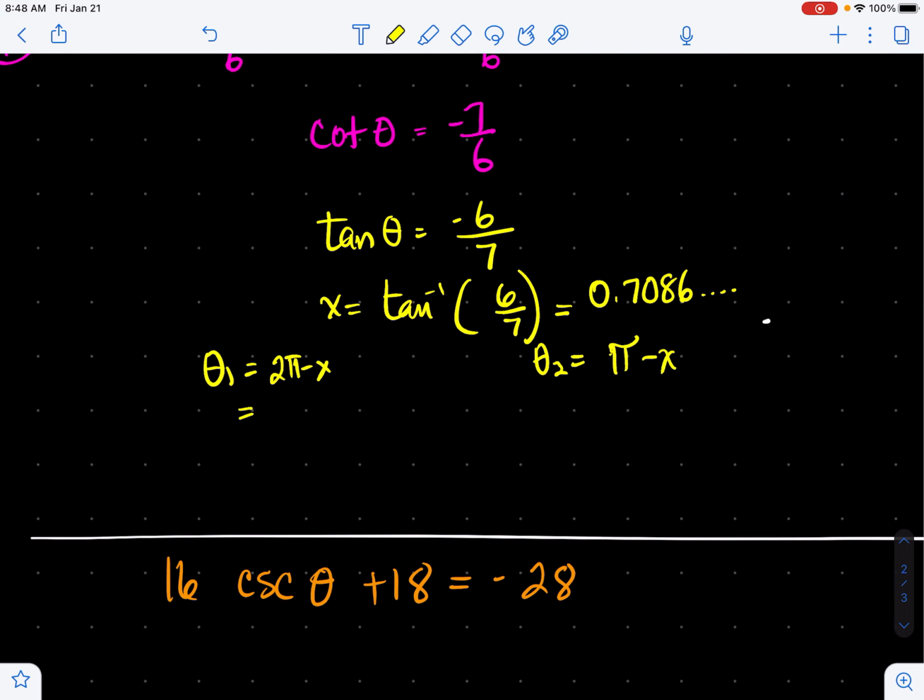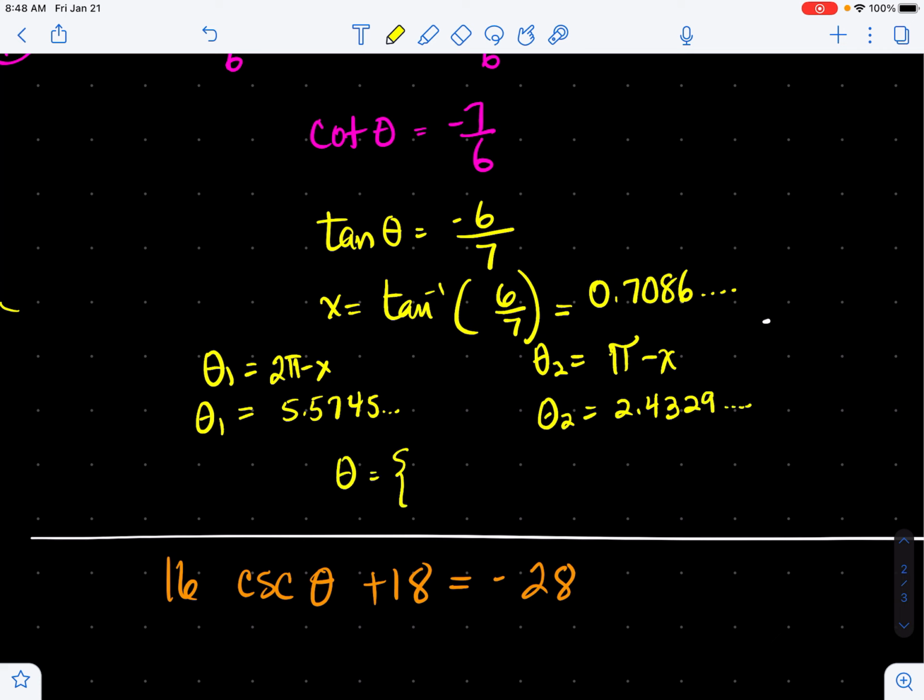Okay, time to plug those in the calculator. Please be using the pi that's inbuilt in the calculator. 5.5745, 2.4329 and so on and so forth.